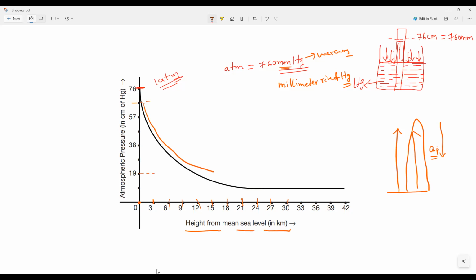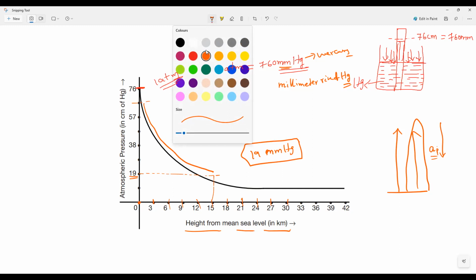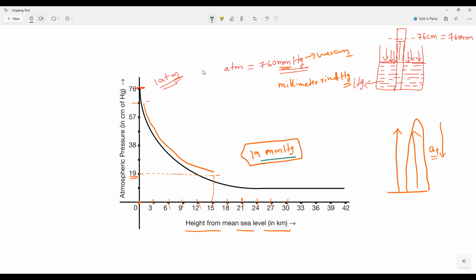When I reach almost 15 kilometers, you can see atmospheric pressure is almost 19 mmHg. That is the reason those who are climbing mountains should always carry an oxygen cylinder, because there will be suffocation. It creates low pressure.